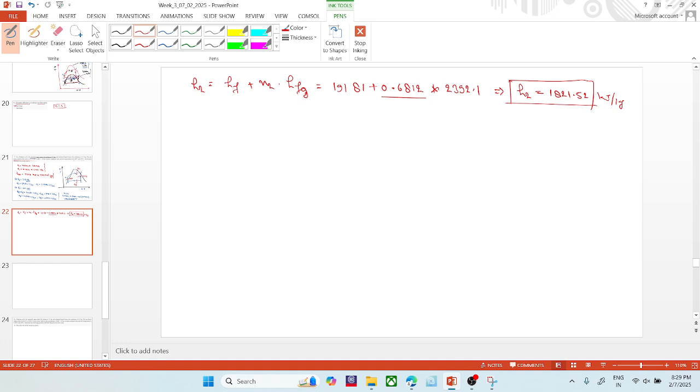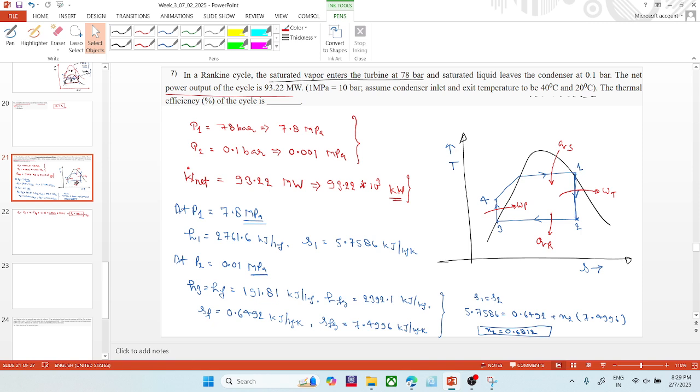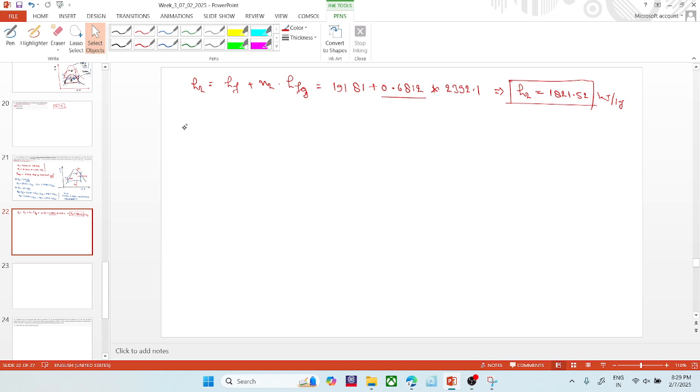So I got the value of H1 and H2. Now I would be able to determine the specific turbine work here. So the specific turbine work, in kilojoule per kg, WT here would be H1 minus H2.